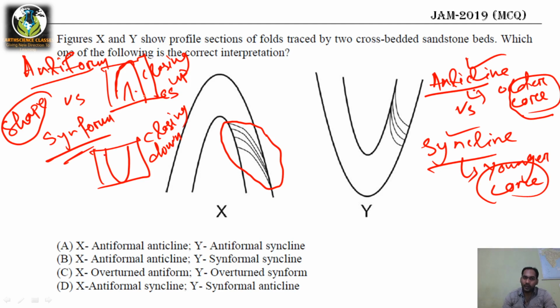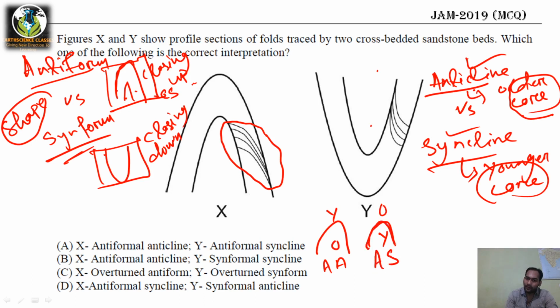So you can assemble them: antiformal anticline, antiformal syncline. This is antiform, and if older is at the core, it is an antiformal anticline. If this is antiform and younger is at the core, this is an antiformal syncline.